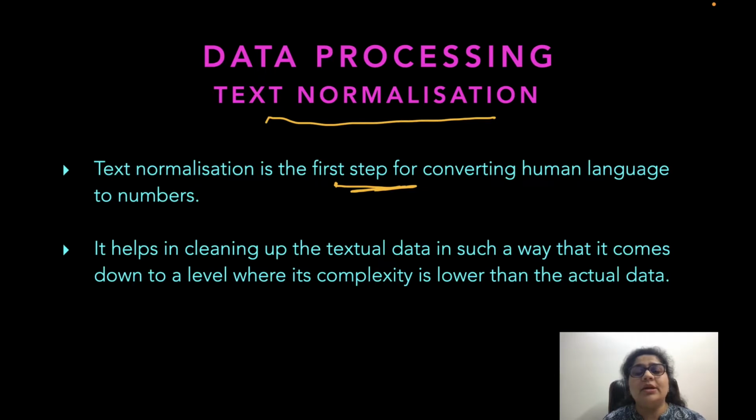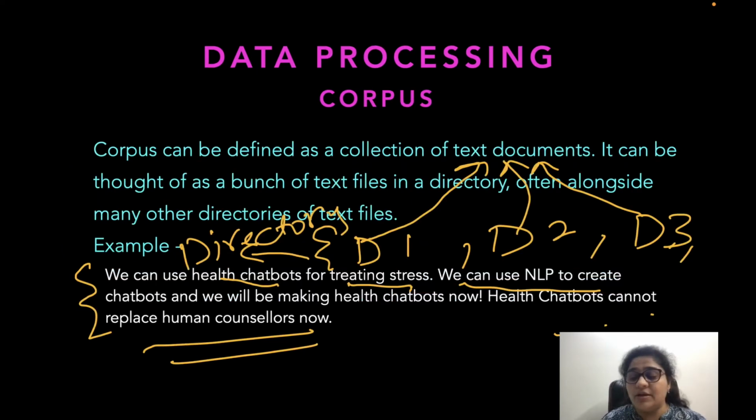It helps in cleaning up the textual data in such a way that it comes down to a level where the complexity is lower than the actual data. So cleaning up the textual data is a very important point. The actual data we have just seen, I'll just go back. This is my actual data.